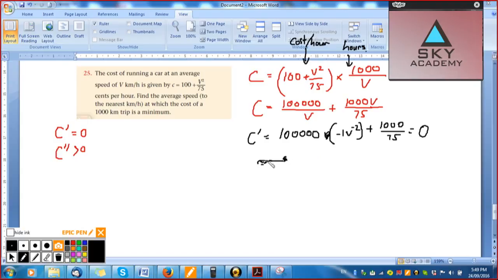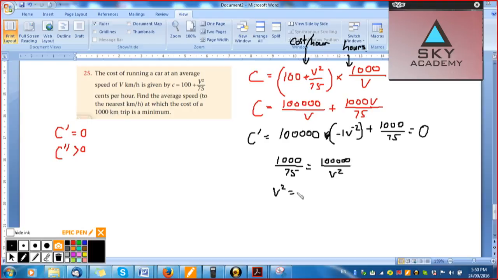Hang on, let me just rub this out. Now I'm going to bring all of this bit over to the right hand side, which gives us 1,000 over 75 equals 100,000 over v squared. Got it? Then we solve for v.